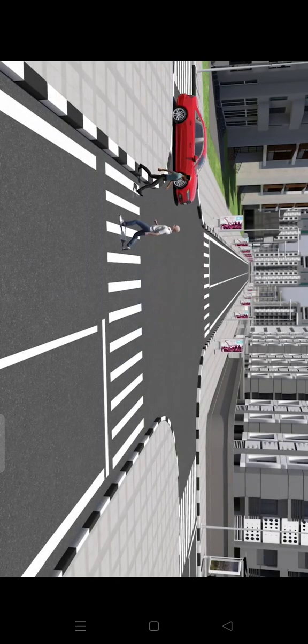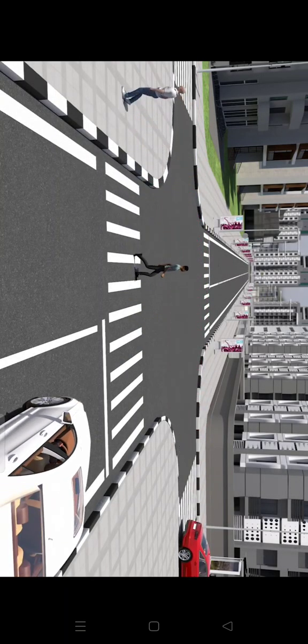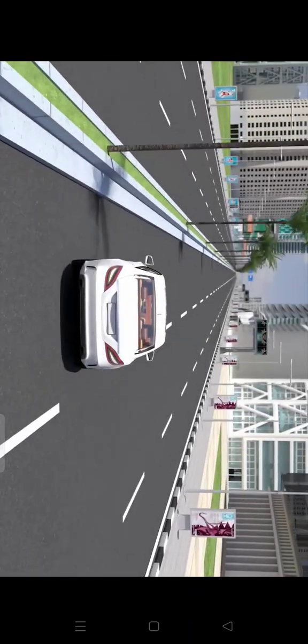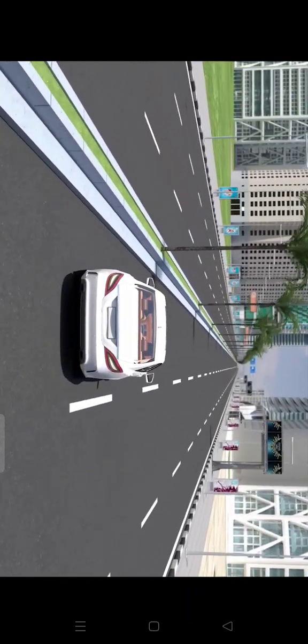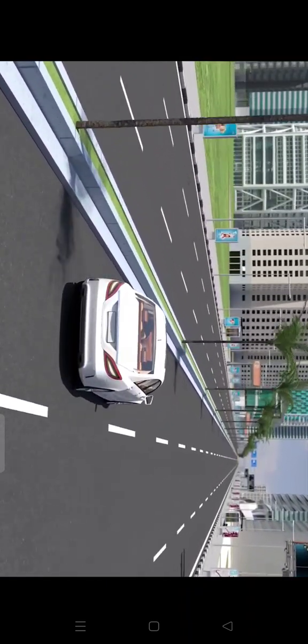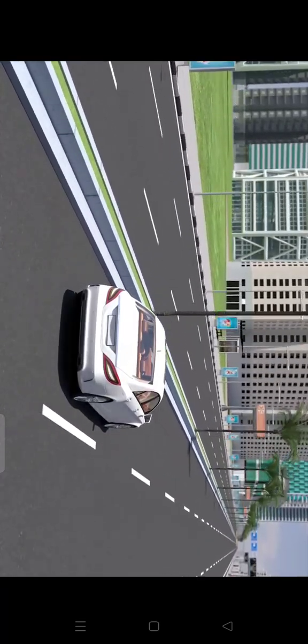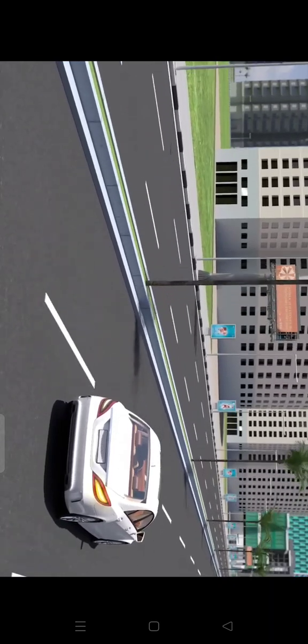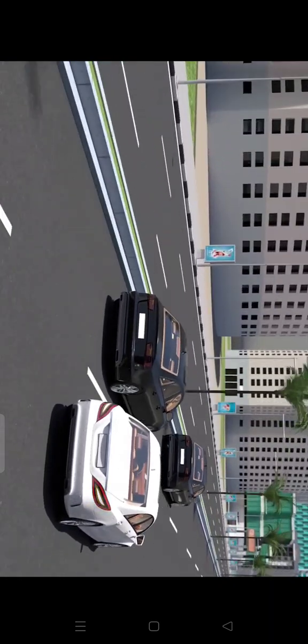Rule 7. Give way to pedestrians as they are crossing the road. Rule 8. Give way to the following vehicles while performing an emergency service. Official processions.